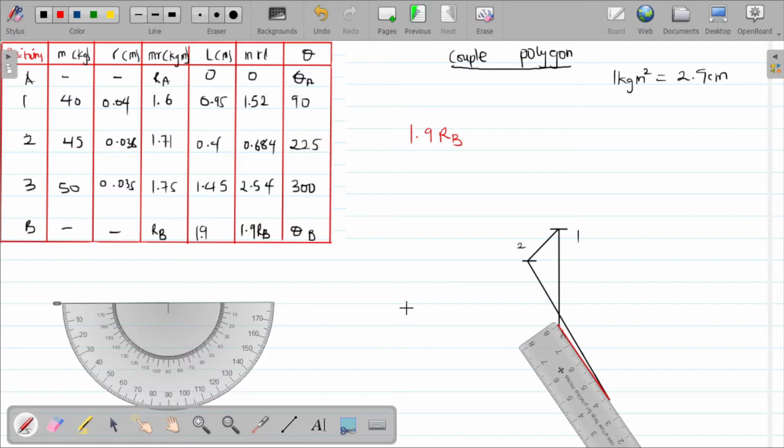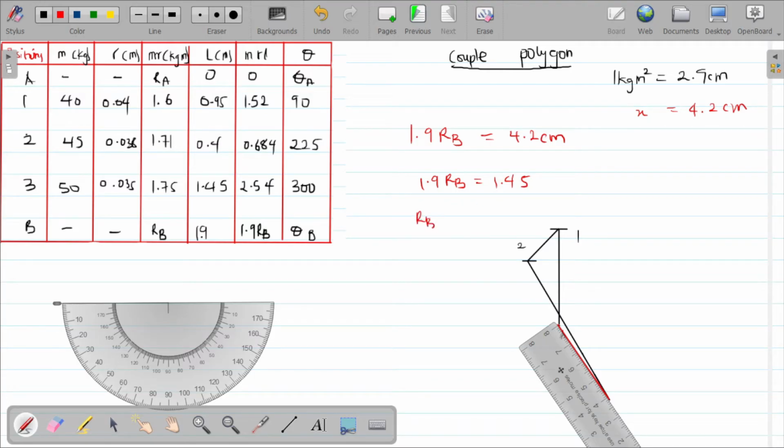Okay. So 1.9 RB is equivalent to 4.2 centimeters, right? But we know that 1 kilogram meter square is equal to 2.9 centimeters. So how much will be equal to 4.2 centimeters? You convert it to kilogram meter square. So 4.2 divided by 2.9. That is 1.448, which is 1.45. Okay, so we have 1.9 RB to be equal to 1.45.